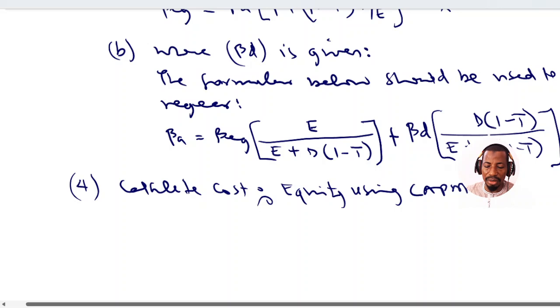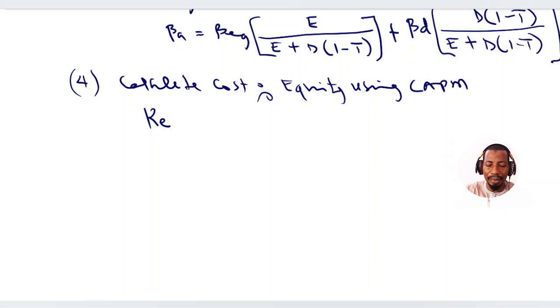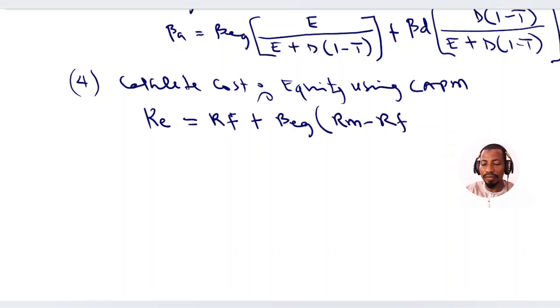Cost of equity will be computed as the risk-free rate of return plus the beta of a gear computed in step 3, multiplied by market return minus the risk-free rate of return.